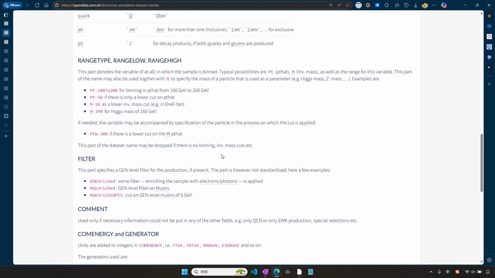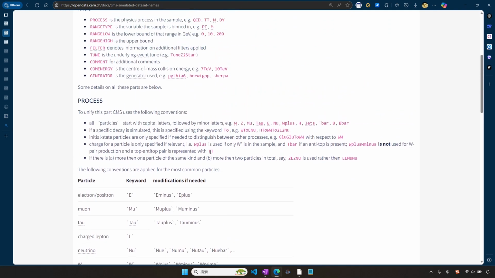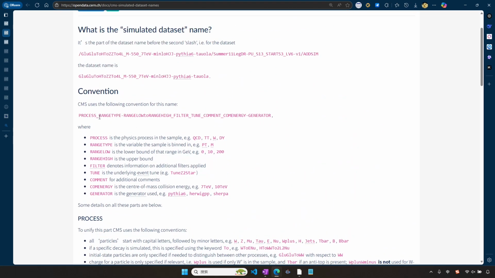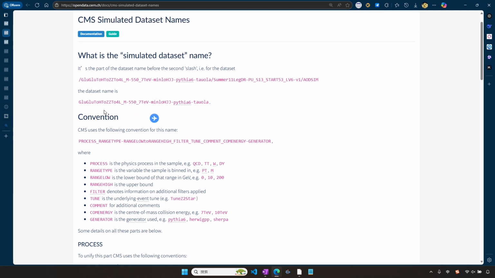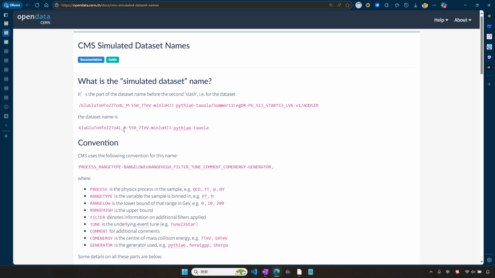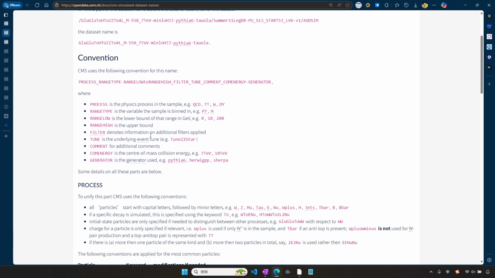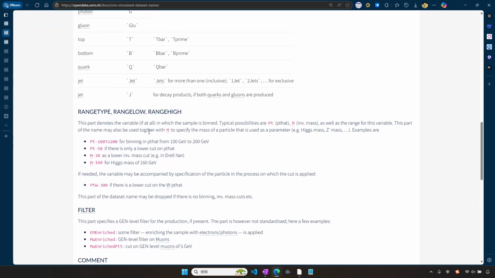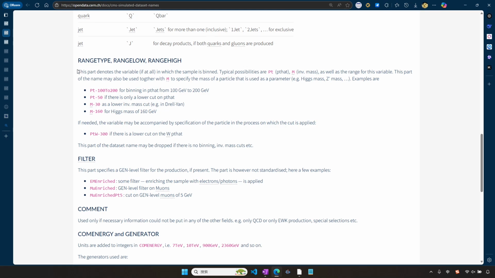For the range, this part we can see it means, like this line talks about, M means particle mass. M short bar, the number, can name the Higgs mass in the energy unit.